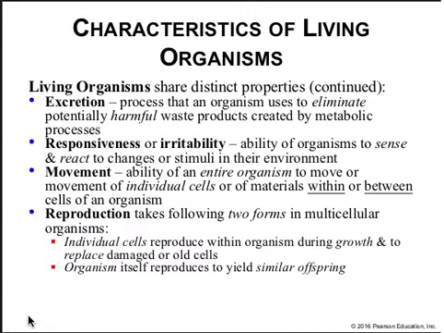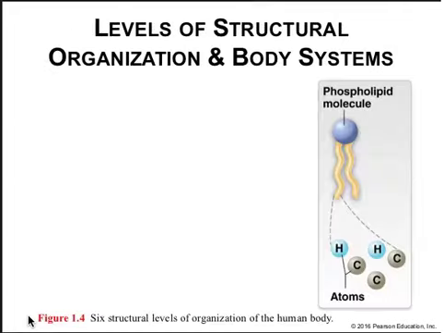Some individuals within that population will survive because they have characteristics that will allow them to live long enough to reproduce, and those characteristics will be passed on to their offspring. Their offspring, as a result, will have a better chance of surviving in that particular environment, and that's a process known as natural selection. Okay, and we see it every day.